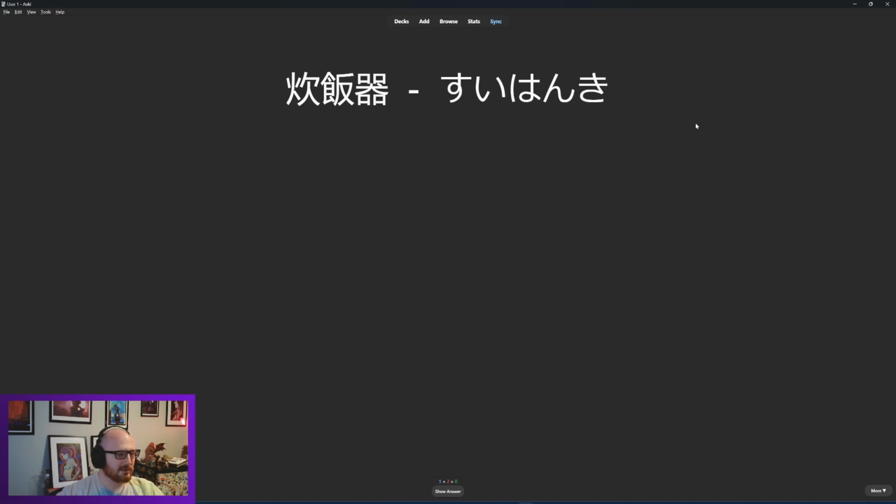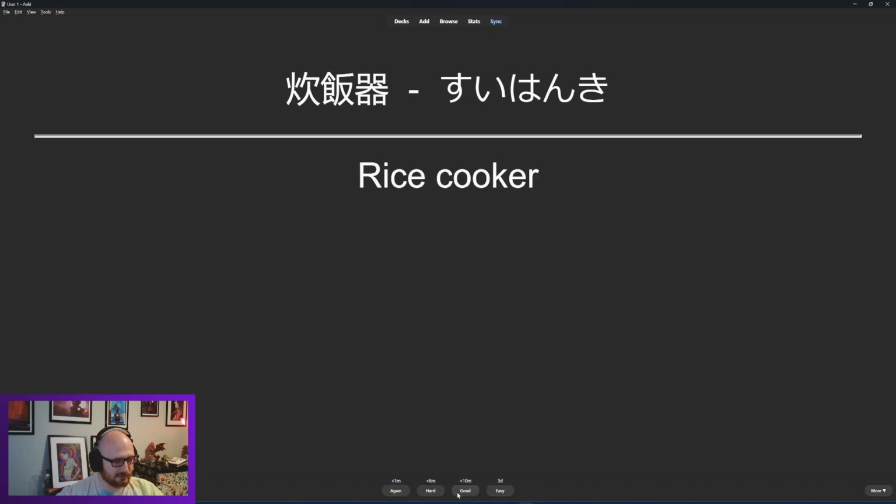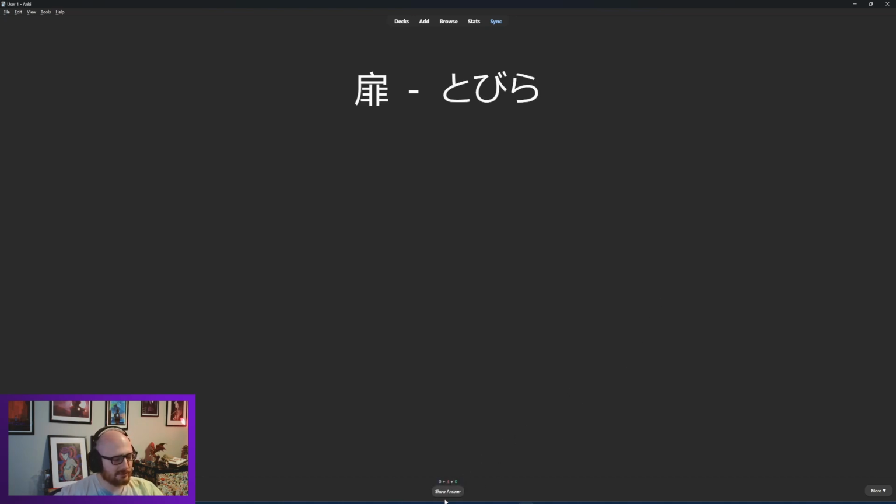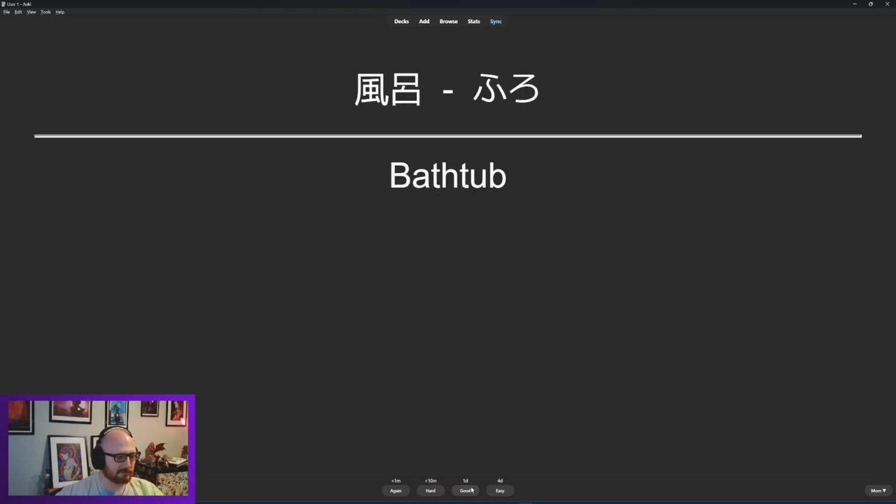Suihanki. Suihanki was... Oh, right. Suihanki was the... Oh! Okay, so we got fire there. Got food there. That should make sense when you see that it is a rice cooker. Good. Okay, so door. That is a rice cooker. And that is a bathtub.